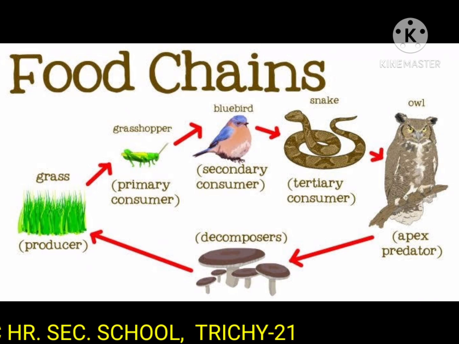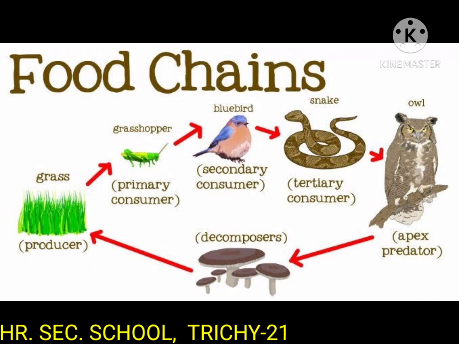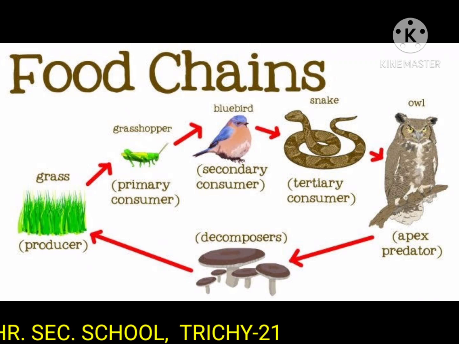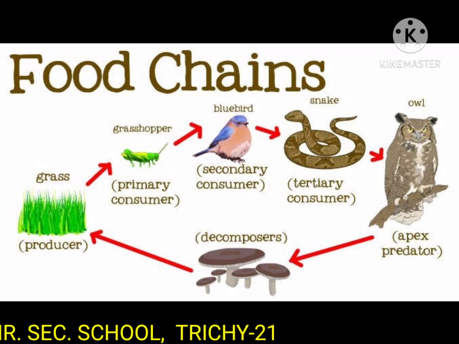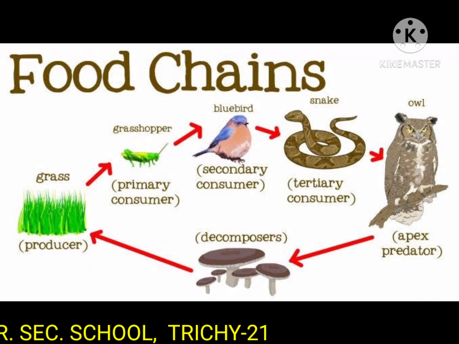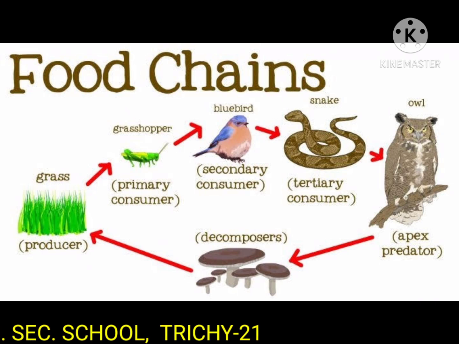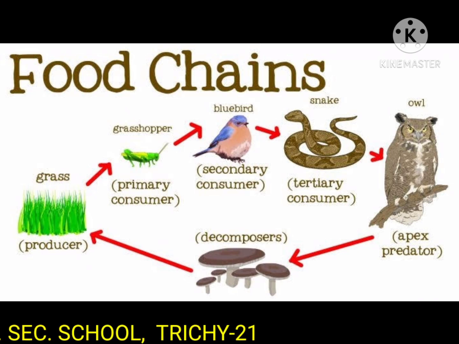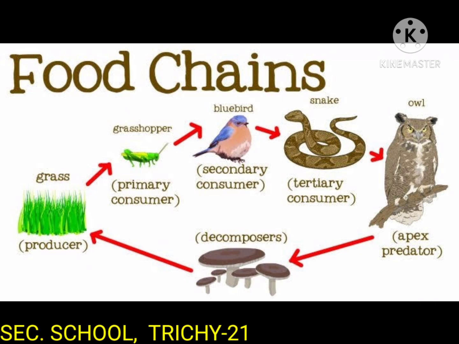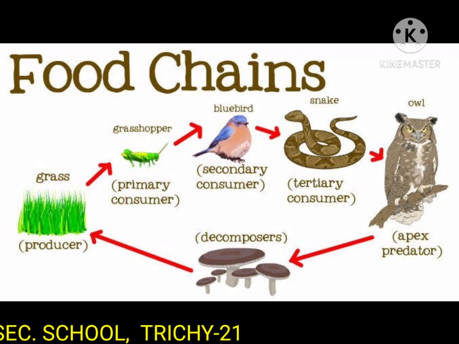We can therefore identify different feeding types in an ecosystem based on how the organism obtains its food. They are producer and consumer. A producer is one who produces its own food, for example a plant, and a consumer is one who consumes the food which is prepared by others.